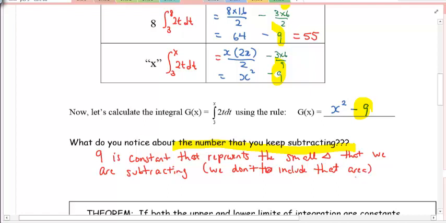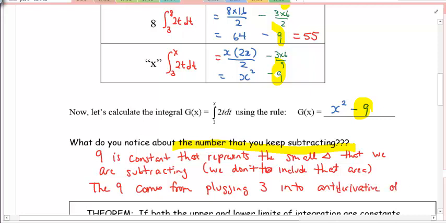And if you think about how you get that 9, well, the 9 comes from doing what? Comes from plugging in 3 into the antiderivative of 2t, which of course just becomes t squared.